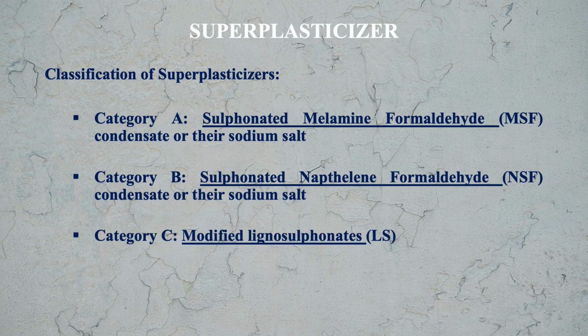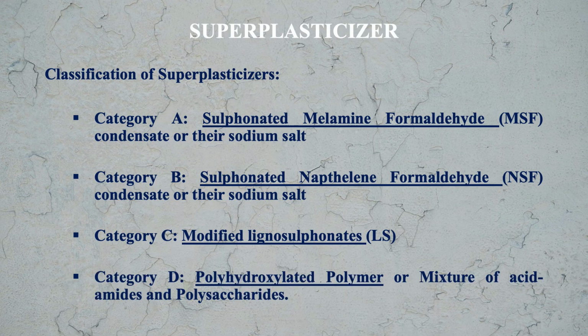In category C, we put the superplasticizers which are modified lignosulfonates, LS. And in category D, polyhydroxylated polymer or mixture of acid amides and polysaccharides.